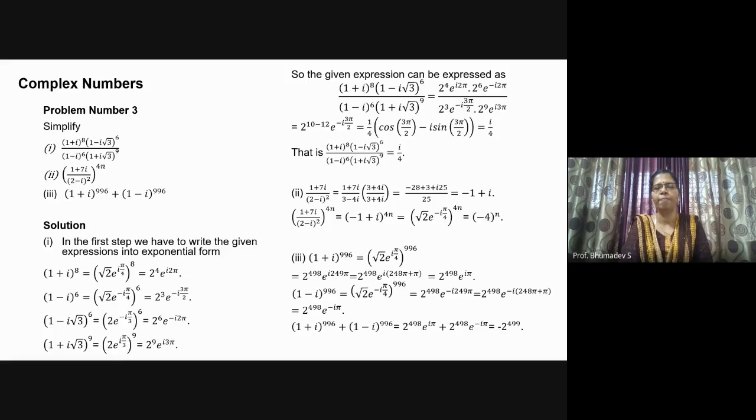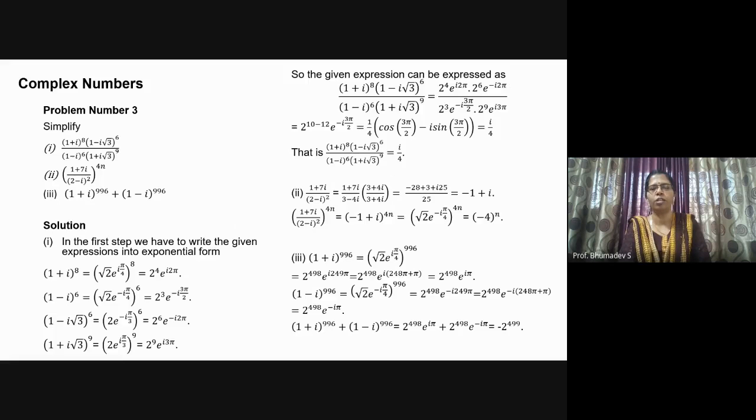When simplifying, the denominator part is 4 minus 1 minus 4i, which is 3 minus 4i in the denominator. So multiply and divide by the conjugate, which is 3 plus 4i. Then simplify again. The simplified form we are having is minus 1 plus i.